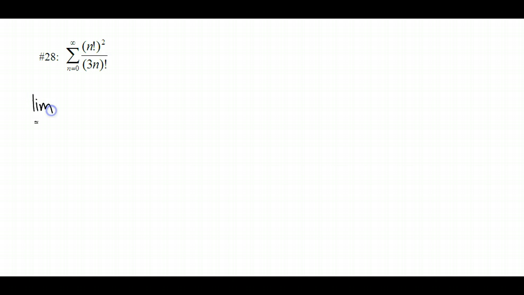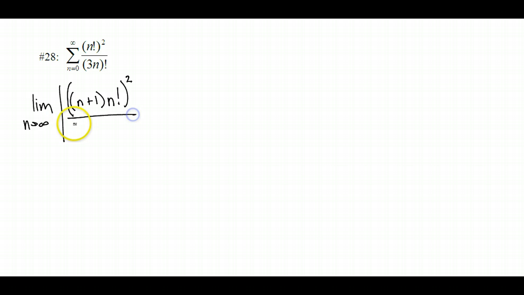So for our ratio test, limit n approaching infinity, our next term is going to be n plus 1. I'm expanding, figuring out what this thing is. Actually, I'll need another set of parentheses because then it has to be squared. Well, this one, my coefficient in front is a 1, so if I have n plus 1 factorial, my next term is going to be n factorial. And that entire thing is squared. So that's kind of goofy.